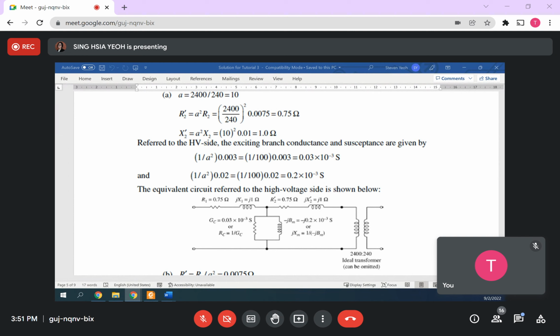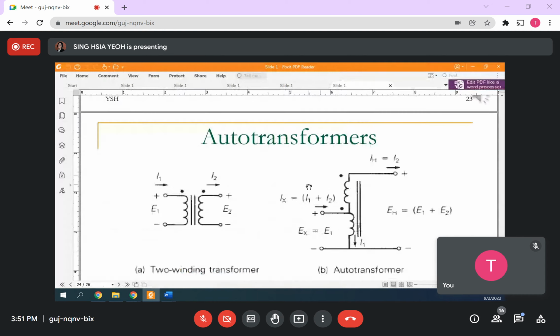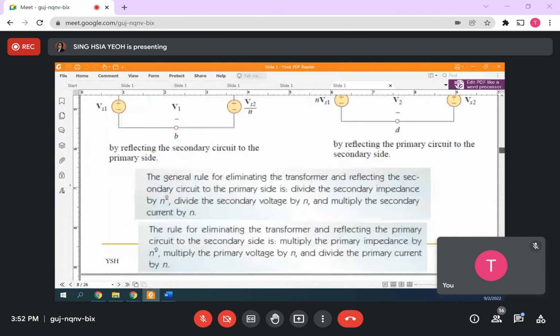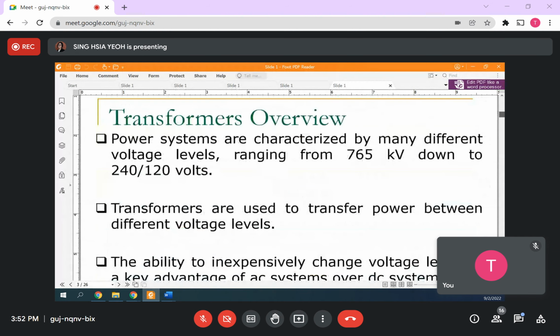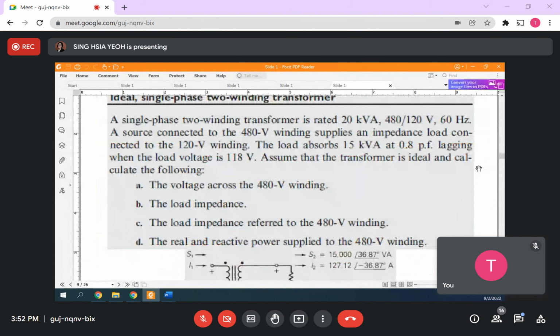How do you draw this circuit? It is actually in the lecture notes, the non-practical transformer. Still remember there is a slide in 3A about the ideal transformer, but there is also a slide about the practical transformer.